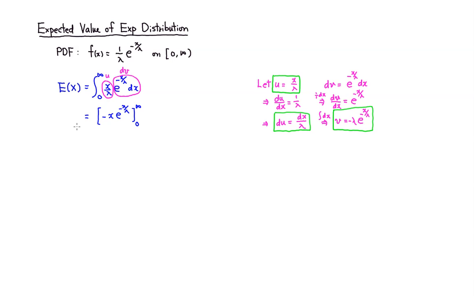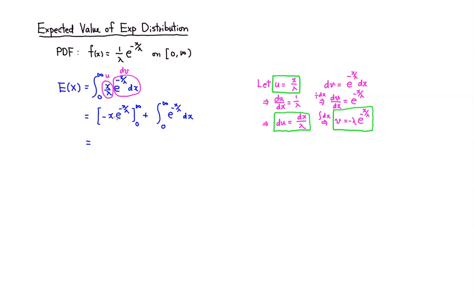Then minus the integral of v du. There's a negative sign, so I'm going to turn it into a plus sign. Then you have an integral from 0 to infinity, the lambda cancels out, and you just get e to the negative x over lambda dx.